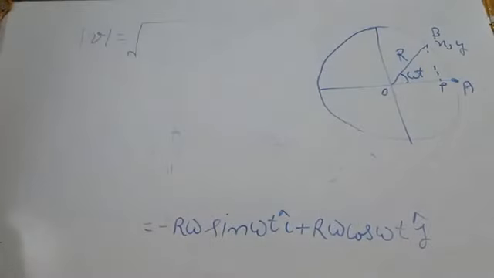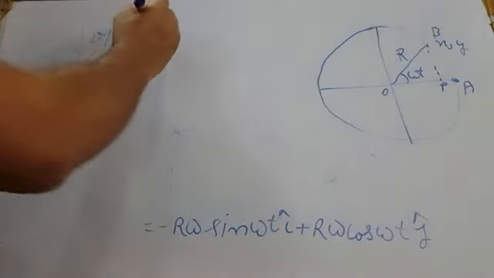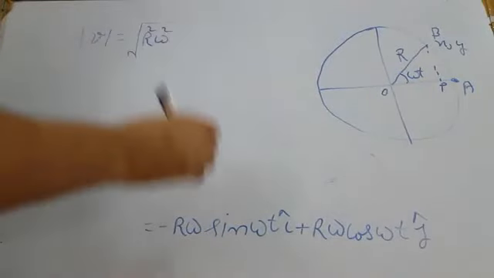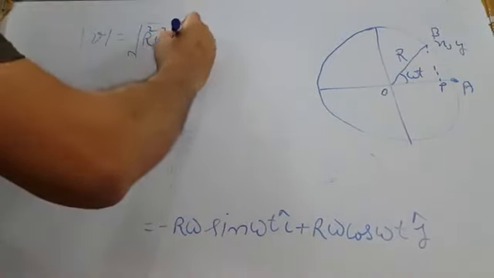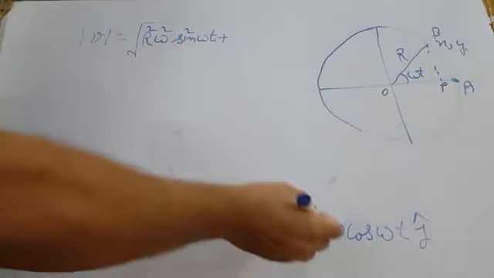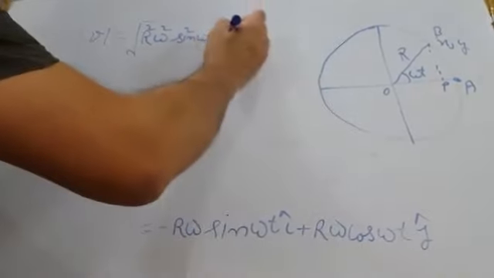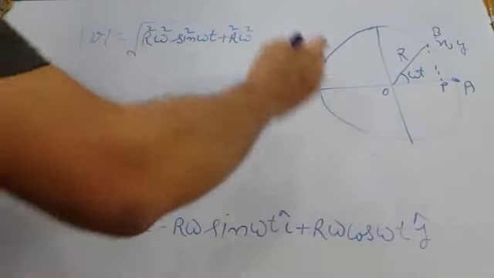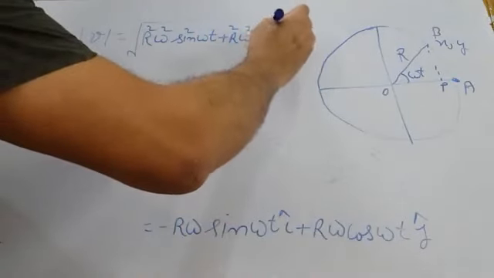So velocity will be the square root of the square of the first, which is r square omega square sin square omega t, plus the square of the second, r square omega square cos square omega t.